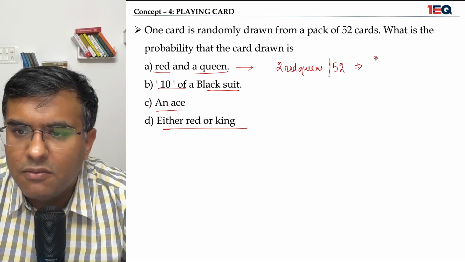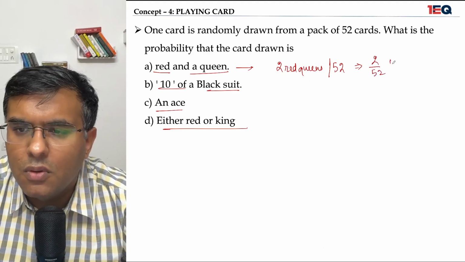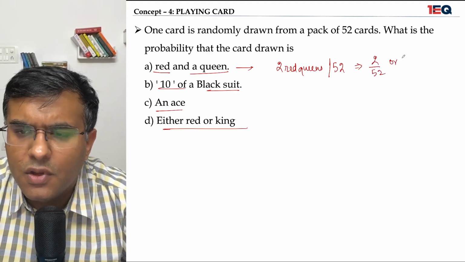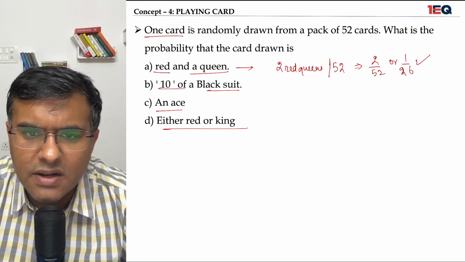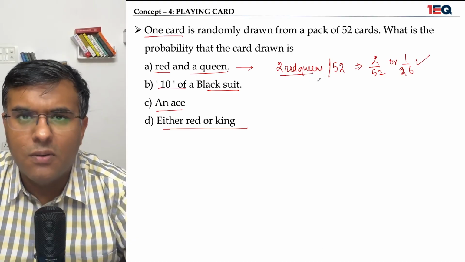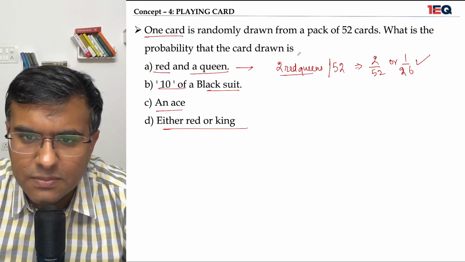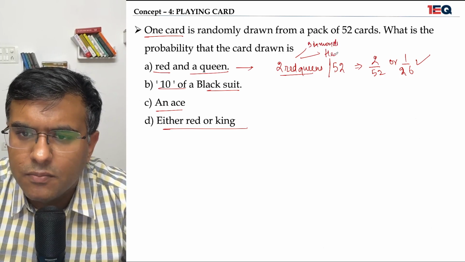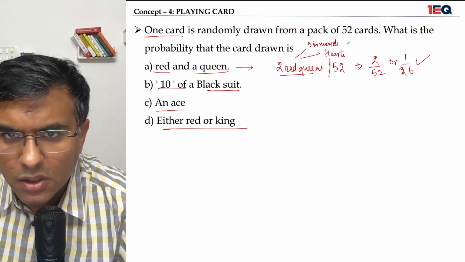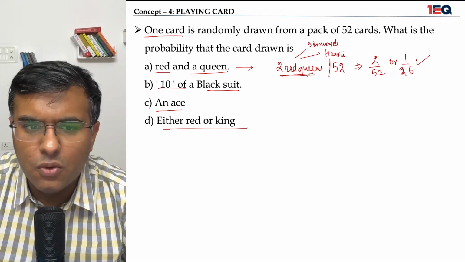So the probability would be 2 upon 52, or 1 by 26. So only one card is being drawn. And when I talk about queens, there are only two possibilities: one that of diamonds and second of hearts. Diamonds and hearts, only two red queens.